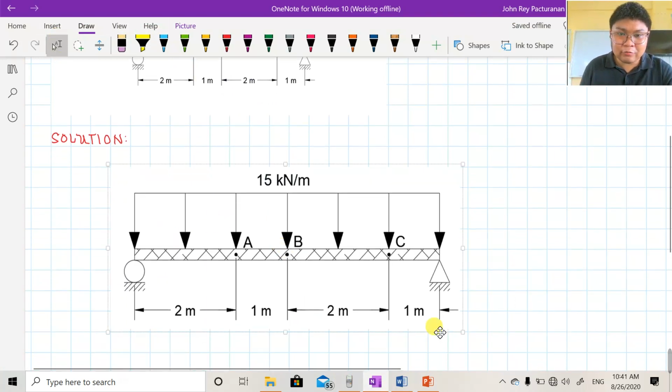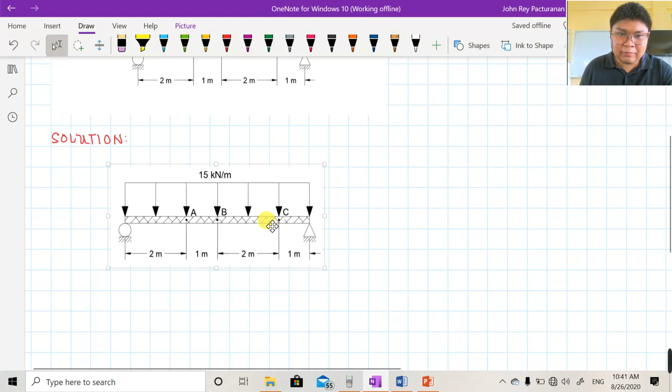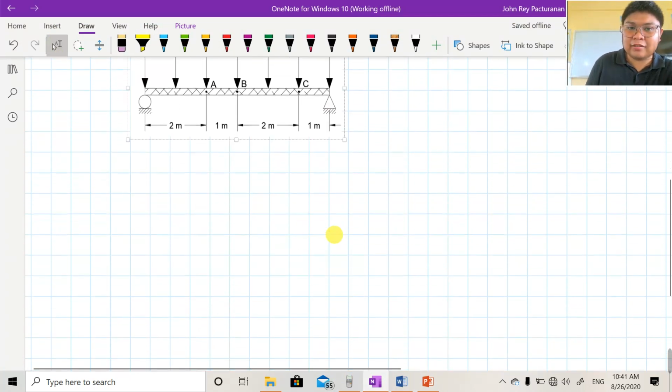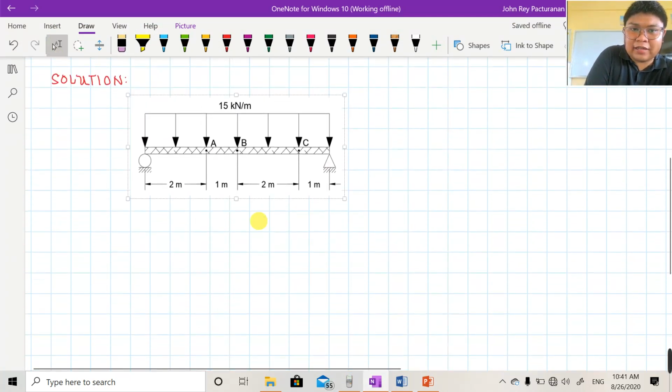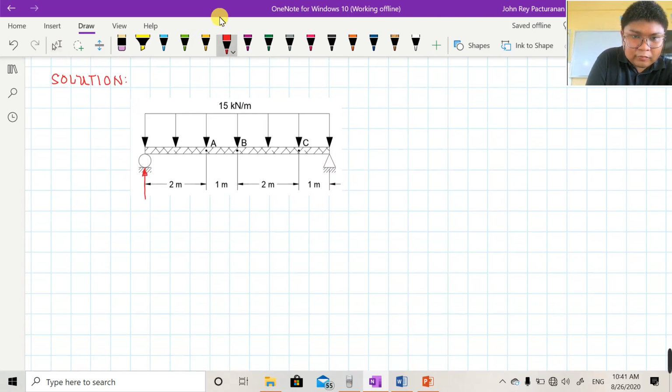So para hindi na tayo mag-compute ng statics, alam naman na natin that the reactions in those supports are 45 kilonewtons. So ilagay na natin yon. Yung nandito, this is 45 kilonewtons. On the other hand, this is 45 kilonewtons.